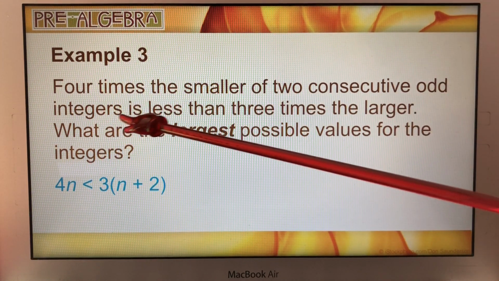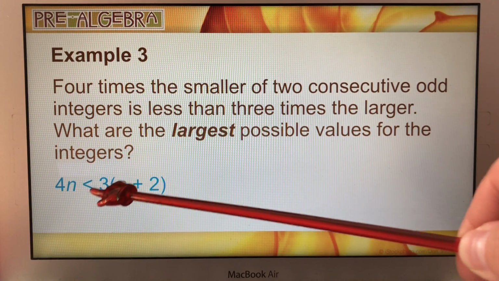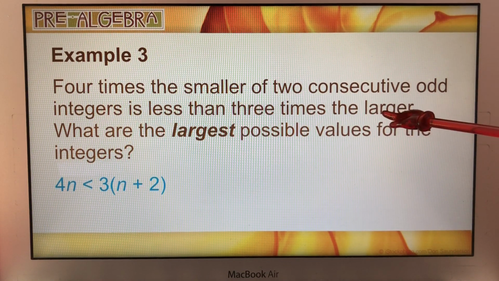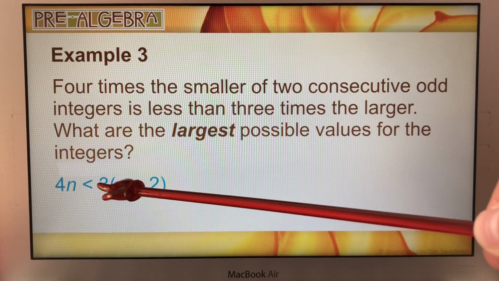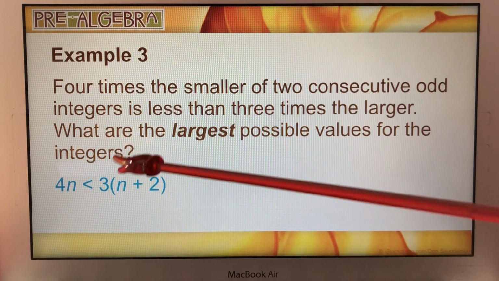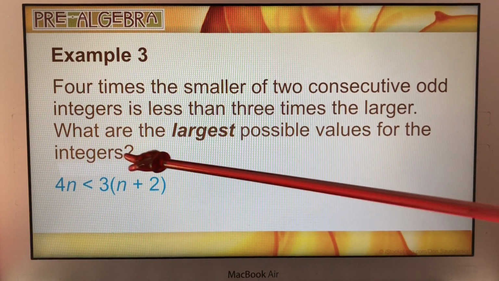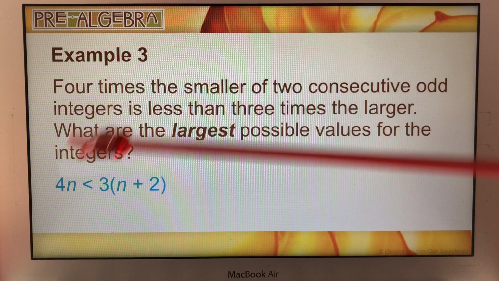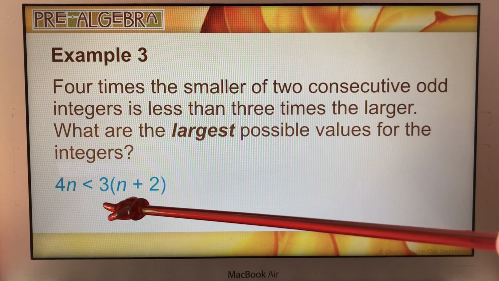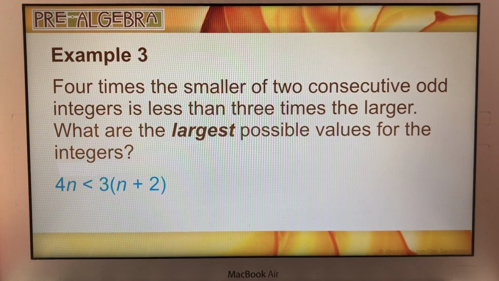Of 2 consecutive odd integers is less than, so we're going to use the less than sign, 3 times the larger. Okay, so the 3 times the larger, n plus 2 is the larger integer, right? Now, what are the largest possible values for these integers? So now we have 4n is less than the quantity 3 times n plus 2.